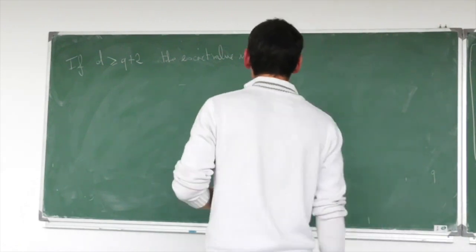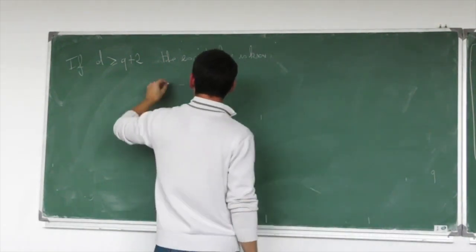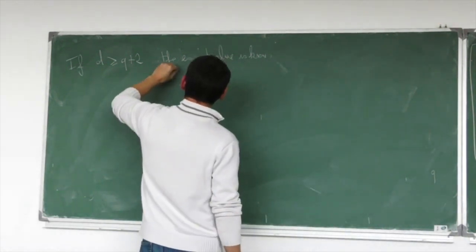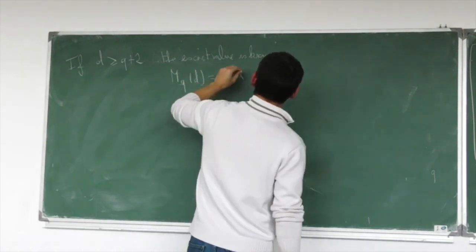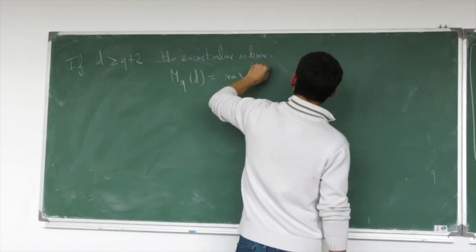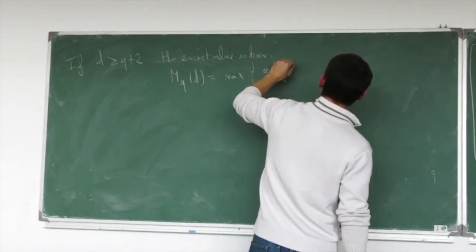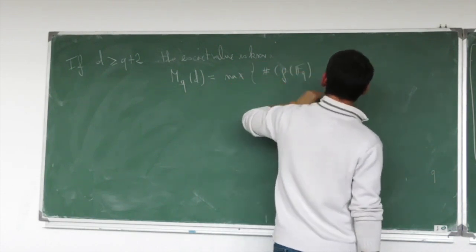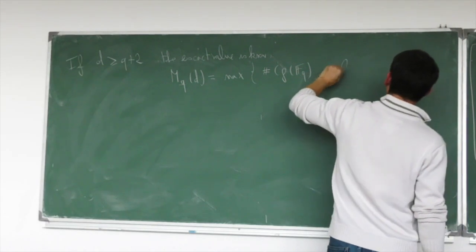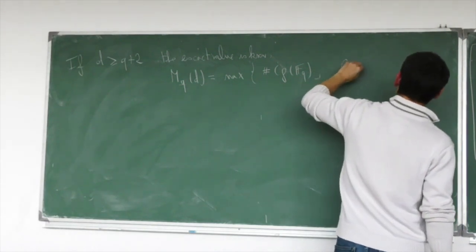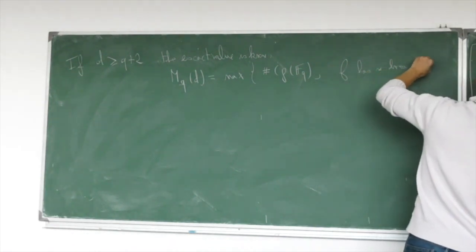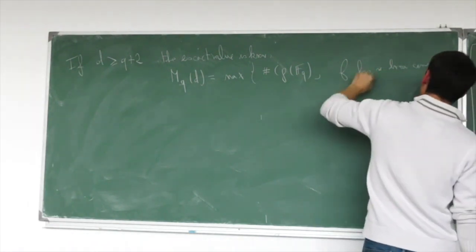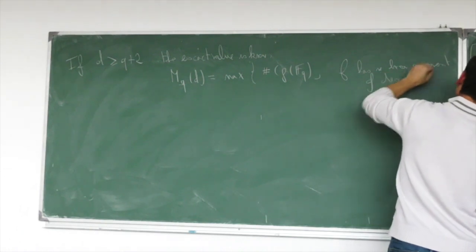So the exact value is known, but the exact value of what? Let's call it m_q(d), which is the maximal number of rational points when f has no linear component of degree d.